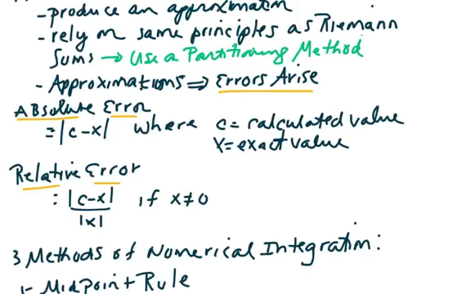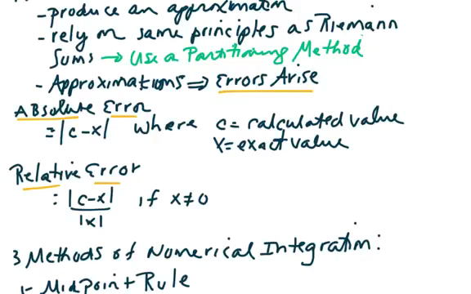So absolute error is the absolute value of the calculated value minus the exact value, and the relative error is the calculated value minus the exact value, and then normalized or divided by the absolute value of the exact value.